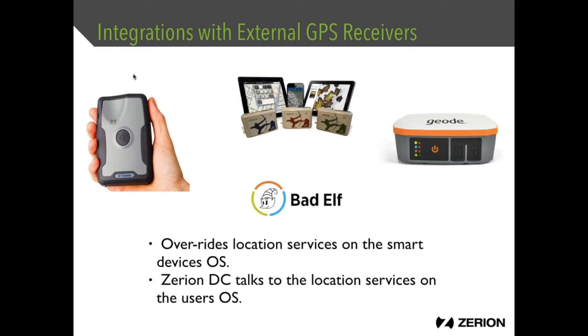Whenever you connect an external GPS hardware to the smart device, Zerion Software pulls the location from the operating system of the device. So whenever you connect an external receiver through Bluetooth, that's going to override the location services on the smart device, which essentially gives you the ability to talk directly to an external GNSS receiver to shoot a high accuracy shot.